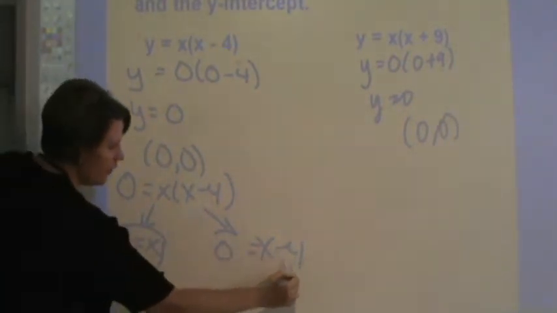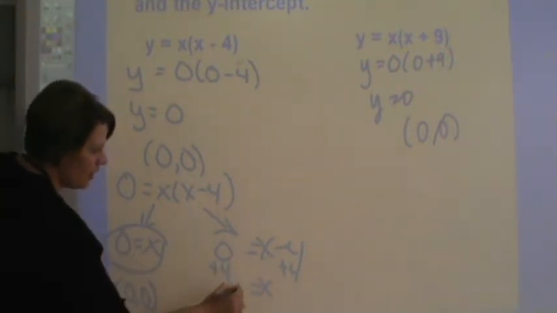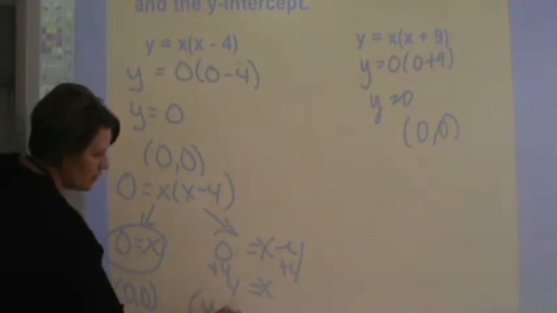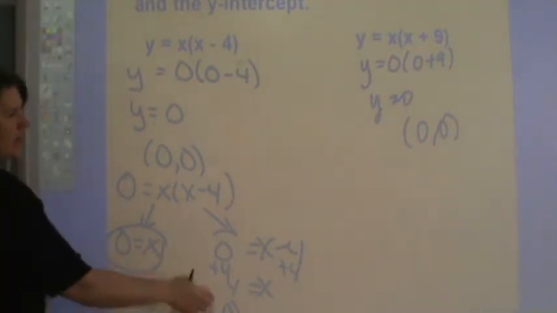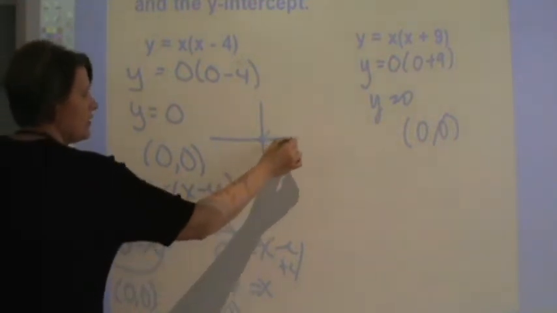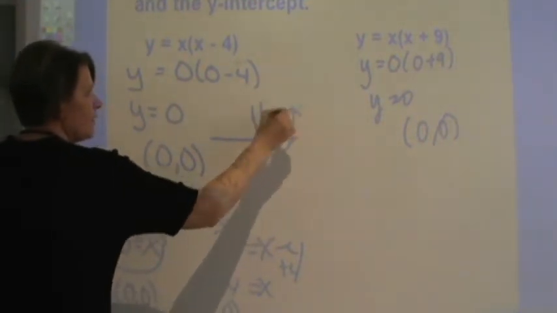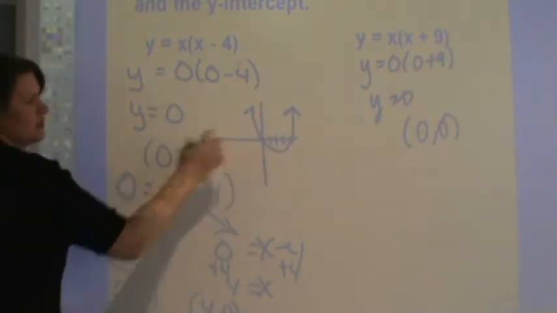And if I add 4, okay, then I get x equals 4. So 4, 0 is the other one. Okay, so this just confirmed that, yes, it did go through the origin. And then this then found the other one. So if I had to graph it, it's going through here and here. Okay, so it's going through 4, 0, and it's going through 0, 0.